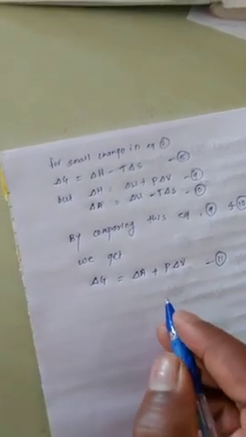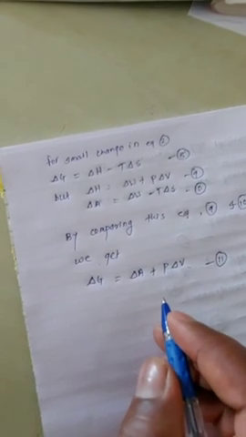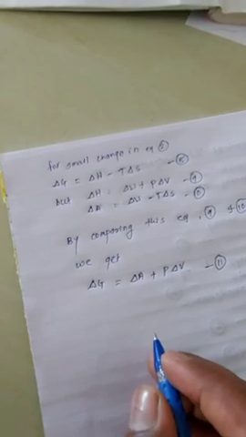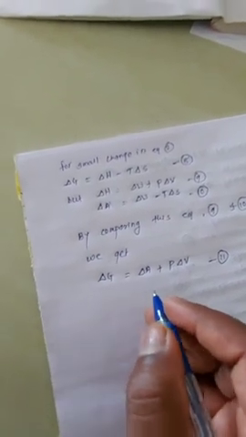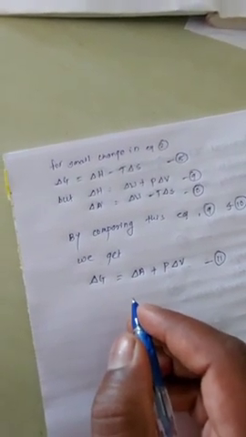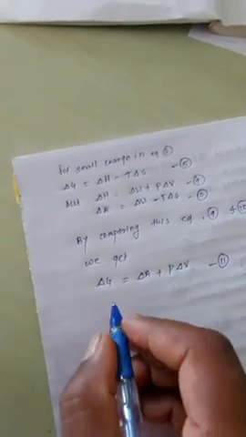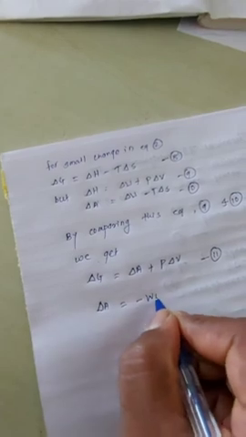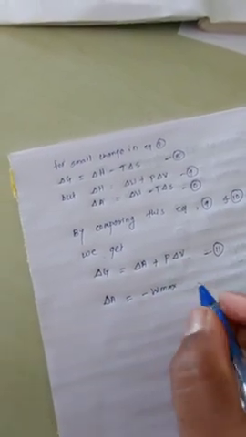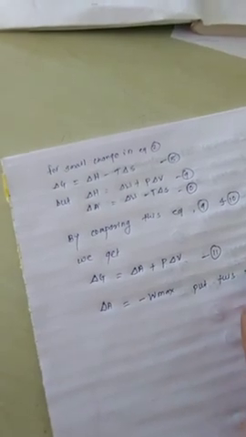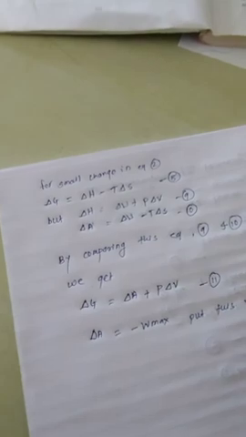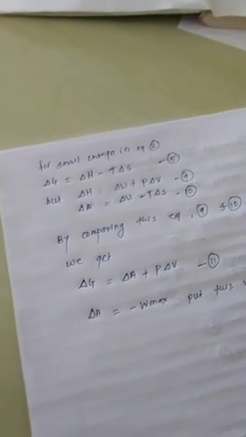And again, we know the value of delta A in previous equation number 7, that is, delta A is equal to minus W max. Then put this value in equation 11.